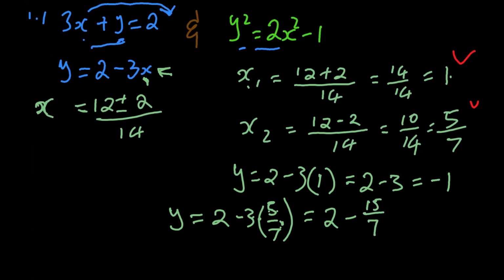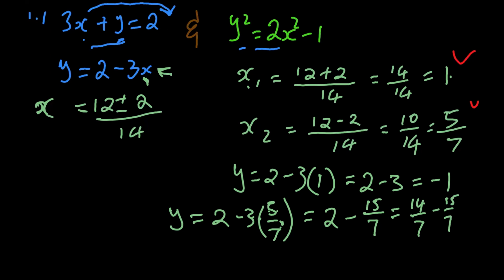Now we're going to rewrite 2 as a fraction with a denominator of 7, and that will be 14 divided by 7, which gives you 2, but with this denominator. So minus 15 over 7.